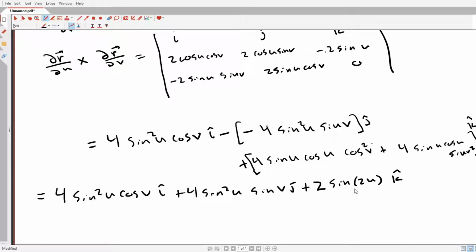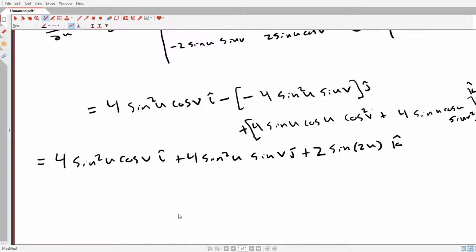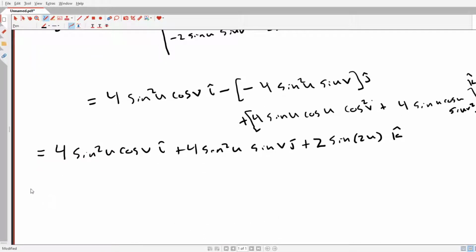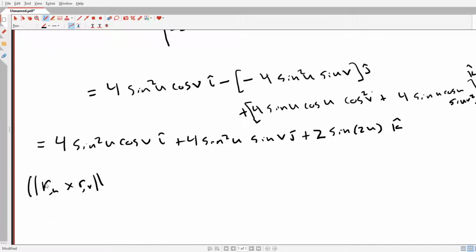Okay, so finally I want a norm of this vector. So real quick, let me just explain what I just wrote. So here I did the r, the derivative of r with respect to u.